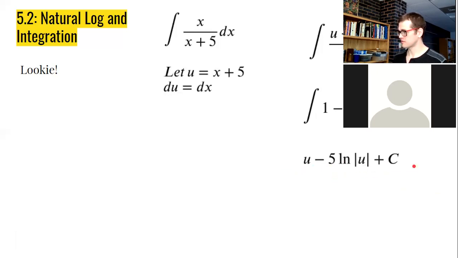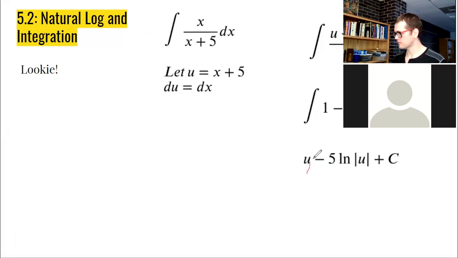Anyways, there's this. Again, to highlight where everything's coming from, u is the antiderivative of 1 with respect to u, du, right? Colors. Let's go green again. Careful.